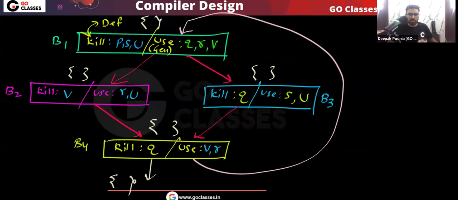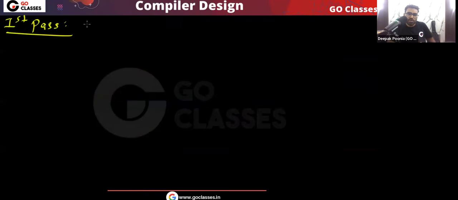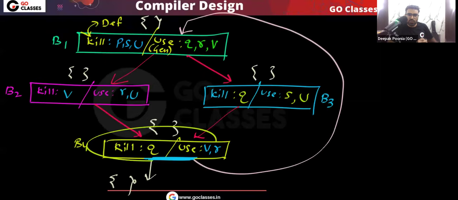In the first pass, we will do the liveness analysis in the backward direction. First we will find out of B4. Remember, for B4 there are two outgoing edges, so we need to take the union.